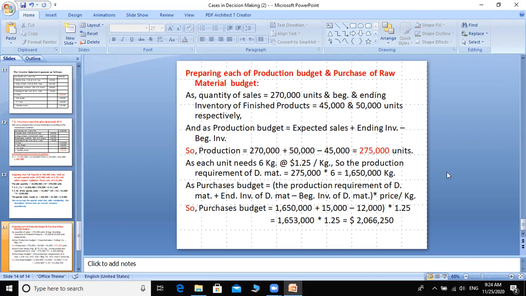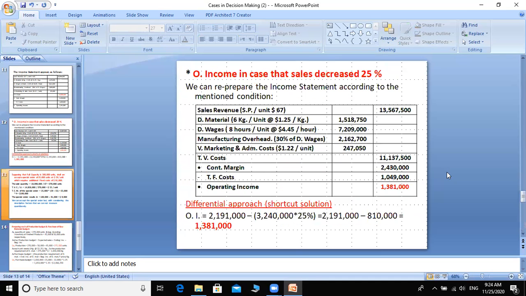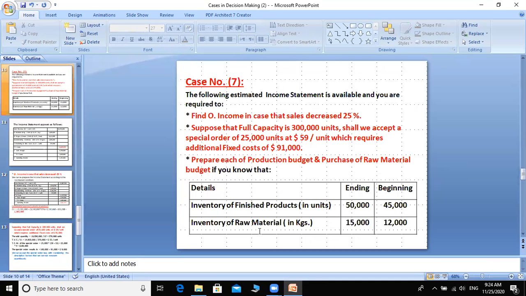This is my requirement for my production. As he told me that inventory of raw material at end 15, at beginning 12. So after using the required material, I need ending inventory of raw material 15,000 kilogram. And I have at beginning 12,000.